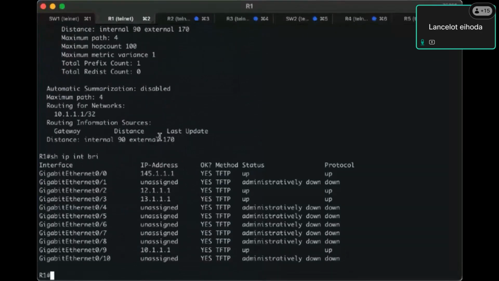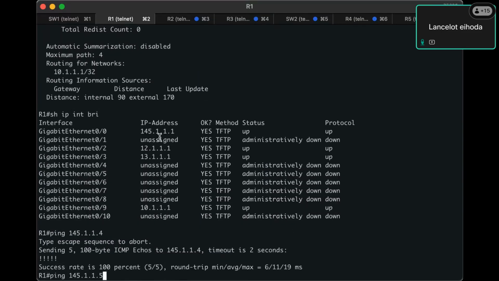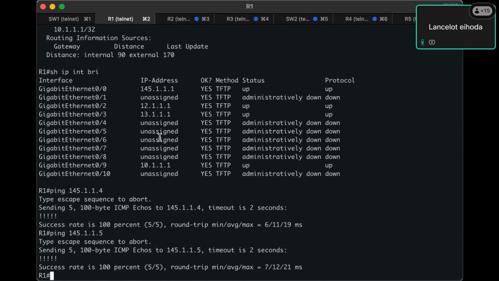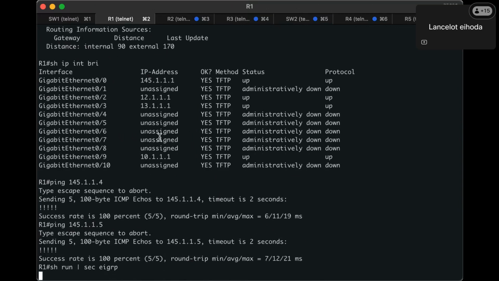That's why we can ping 145.1.1.4, that'll be router 4, and then .5, that'll be router 5, in that subnetwork. Okay, but let's do a show run. Let us pipe to the section of EIGRP. Let us see what we configured EIGRP 100 under, so that we do not make a typo and have an issue with that.